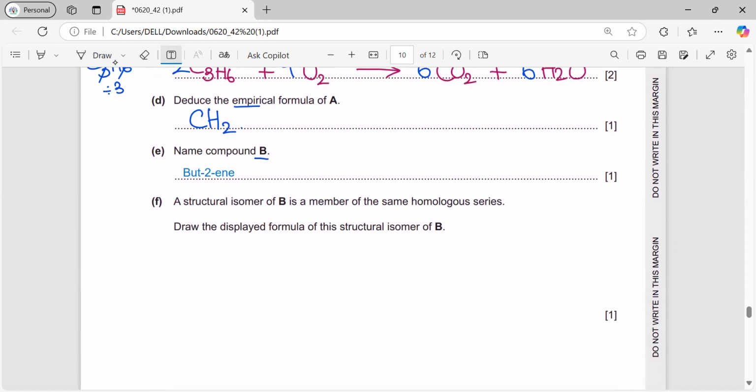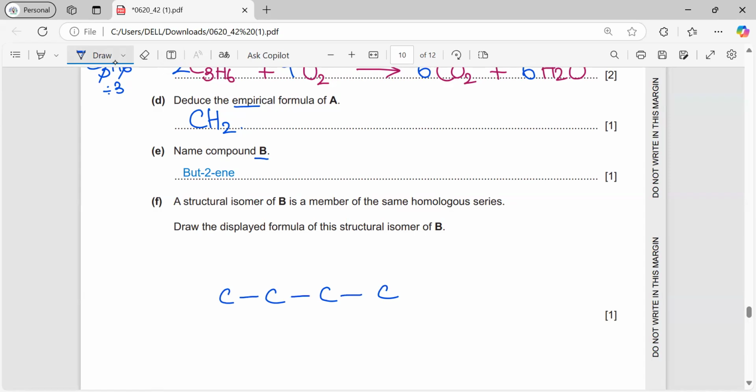The structural isomer of B is a member of the same homologous series. Draw the displayed formula of this structural isomer. So B is but-2-ene, so its isomer will be but-1-ene. So we'll draw 1, 2, 3, 4, four carbons.